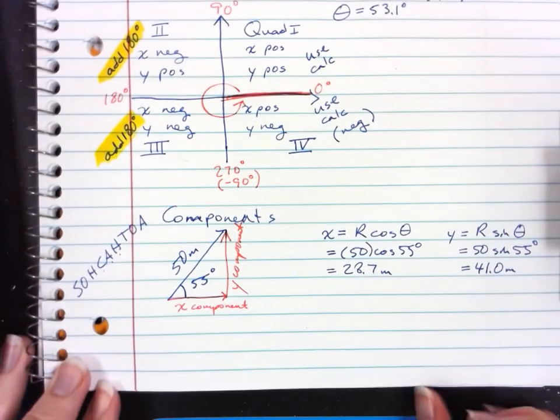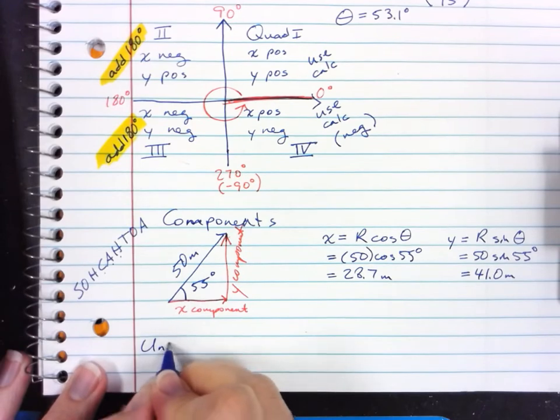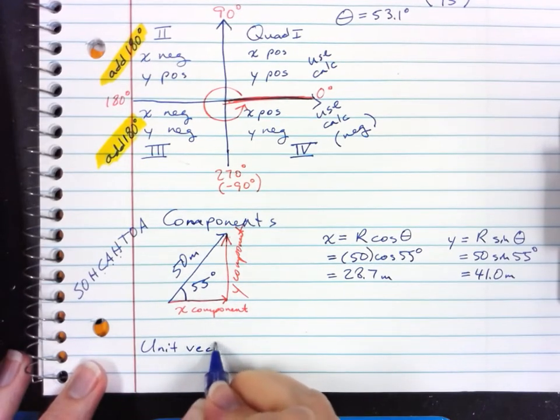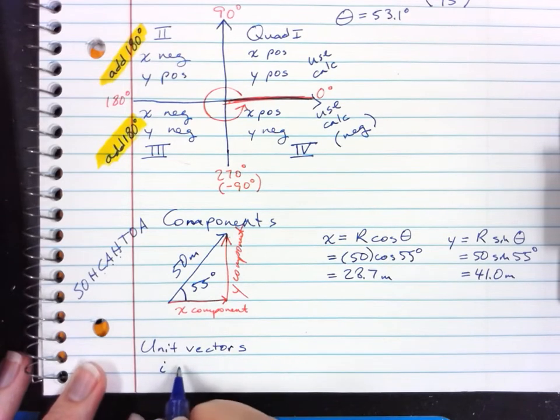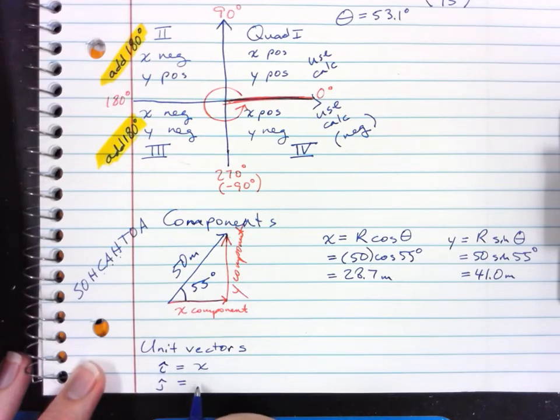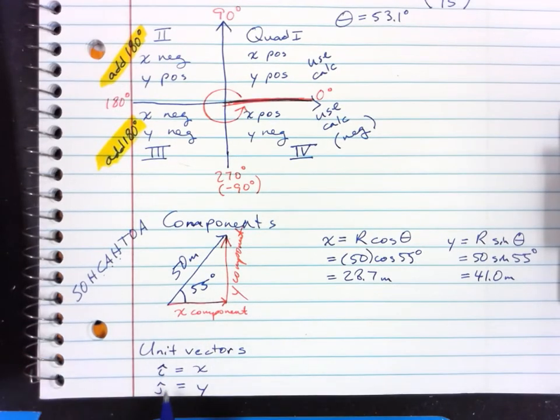So the last thing I want to mention are unit vectors. This is a shortcut notation. Unit vectors, we use the symbol I for X and J, oops, I like to put these little hats on them, J for the Y direction. Notice they're in alphabetical order.